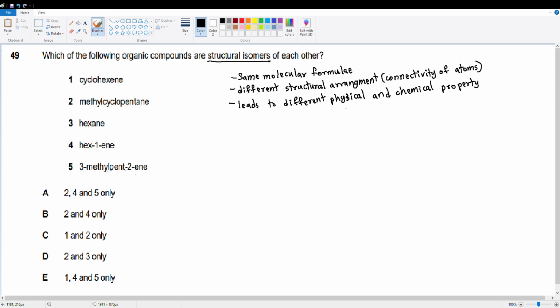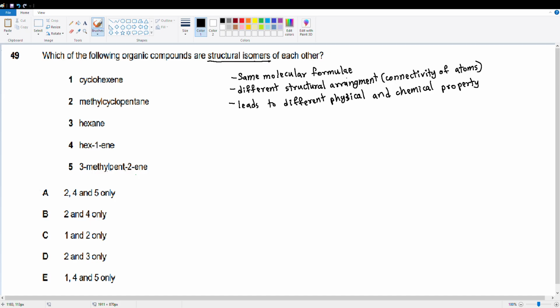So now we have understood the three main key points about structural isomers. Let's revise again. It is the same molecular formula. The molecular formula is how many atoms, how many elements there are in this formula, like it has 6 carbons or 10 hydrogens.